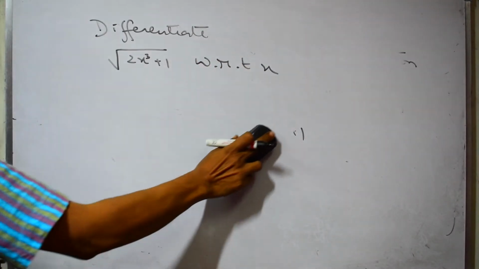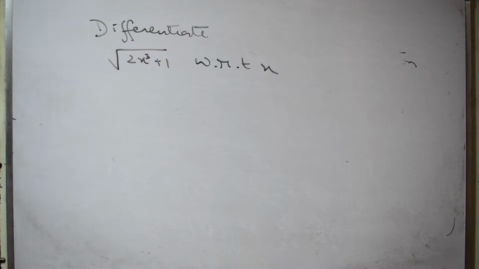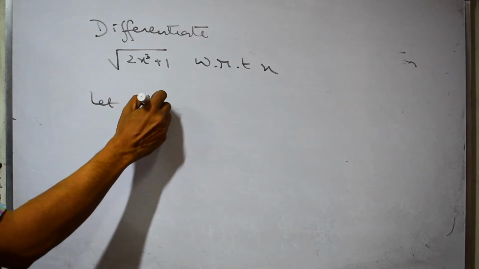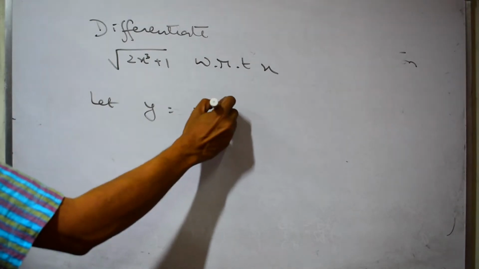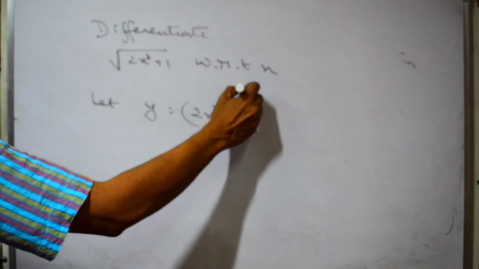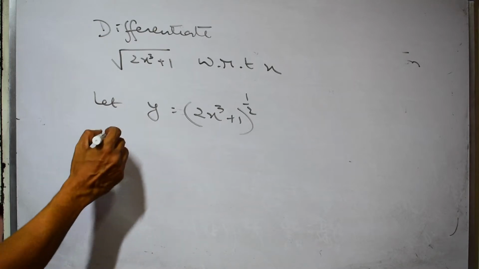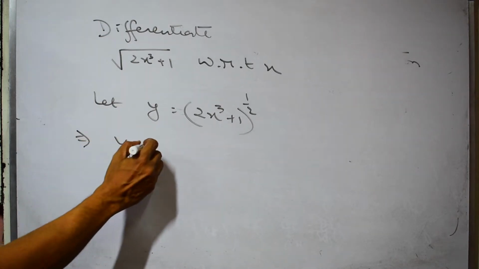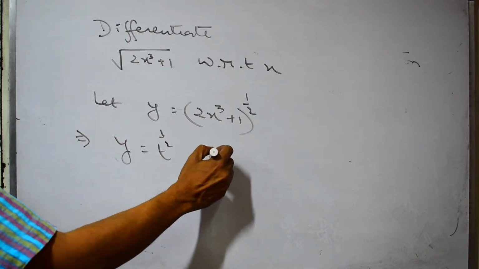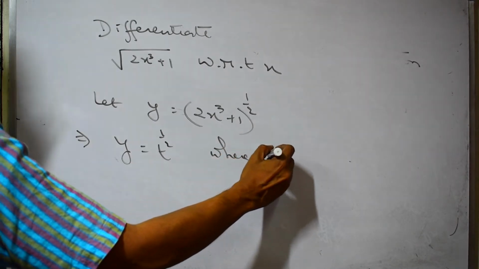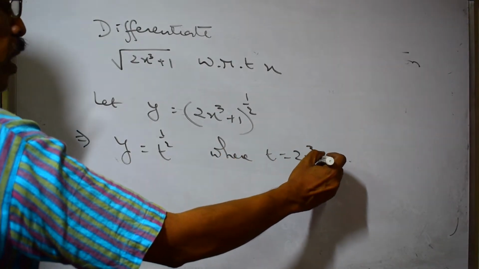So it is actually not exactly similar because it is not log. So we'll write, let y is equal to 2x cube plus 1 to the power half, because root is half. Now if we watch this, 2x cube plus 1 is converted to t, then y is t to the power half, and t is now 2x cube plus 1.